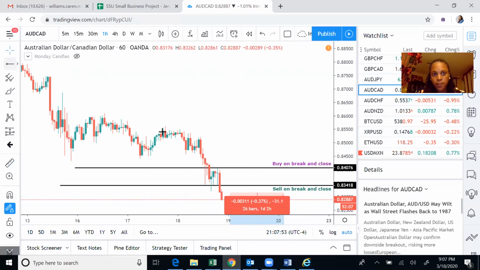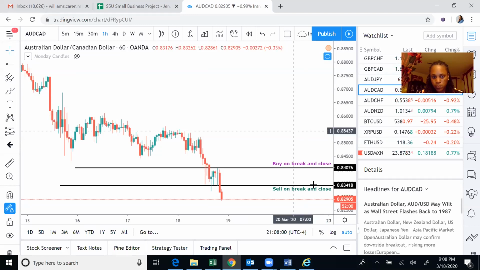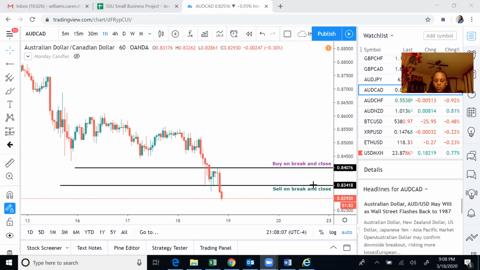Moving. And moving, people. Danny's done, captured 20 pips.